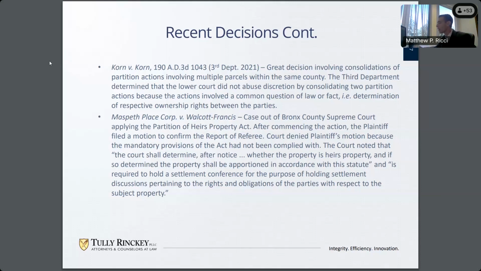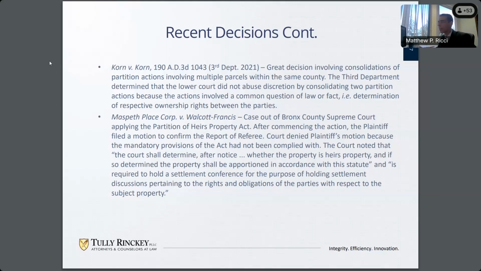I believe they were both initiated in separate years, but they found the lower court did not abuse its discretion consolidating the two partition actions because the actions involved a common question of law or fact.